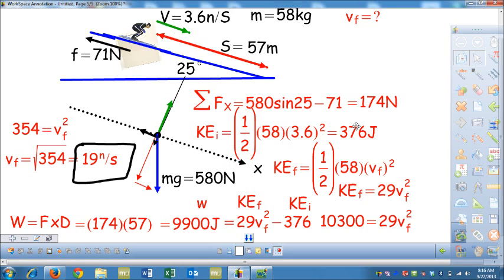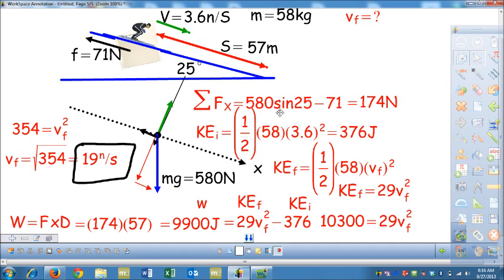Because the frictional force is 174 newtons, and the force that comes from taking that sine, no, that's 170. This piece here is the piece that comes from gravity, the 580 sine 25. The 71 is the friction. So the question of what this 580 sine 25 is, I don't remember.